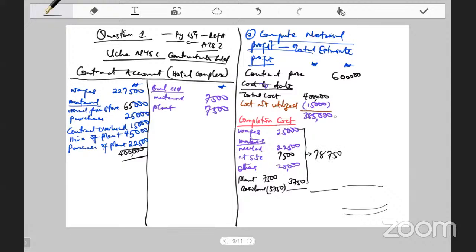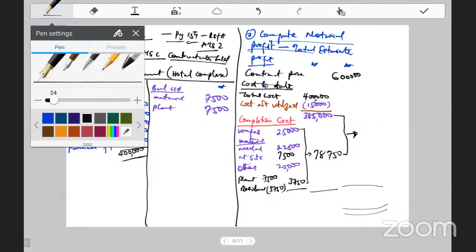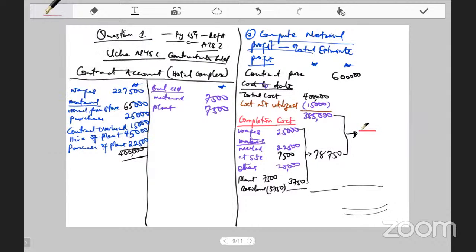Now, if I add these two together, I need to get my total estimated cost. So what is my total estimated cost? 463,750.